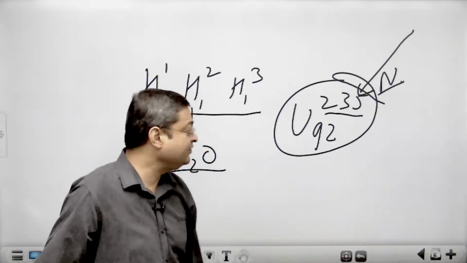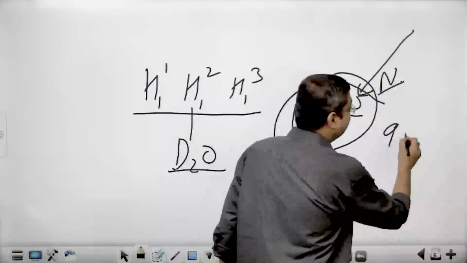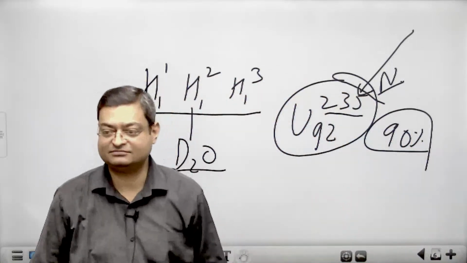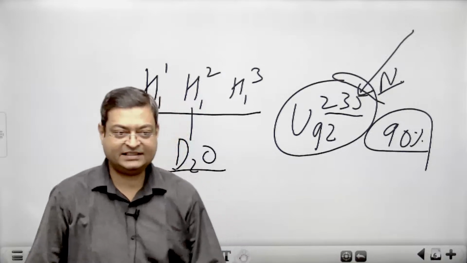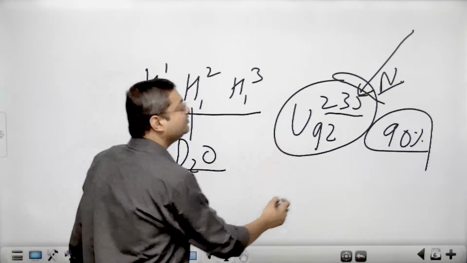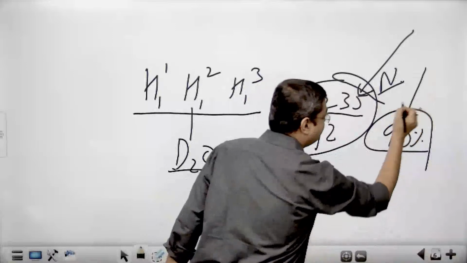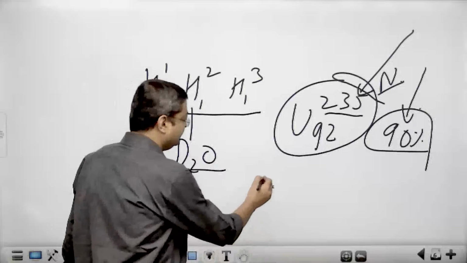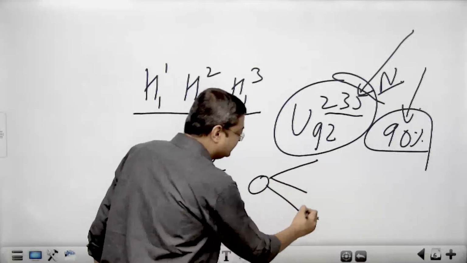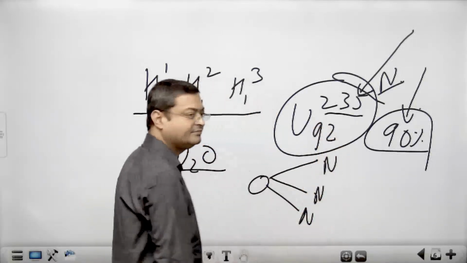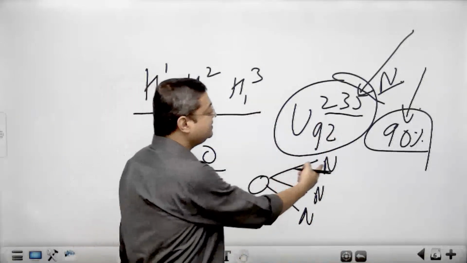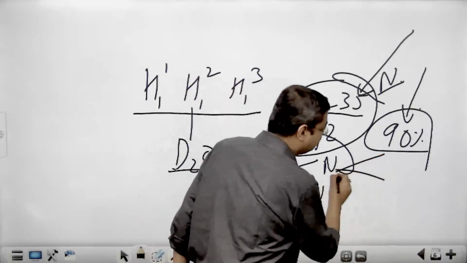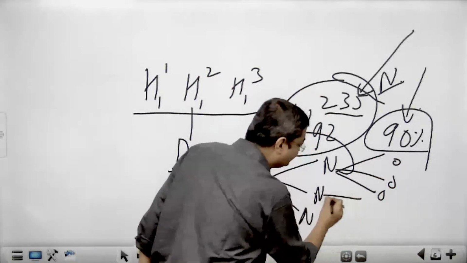And if you enrich this up to 90%, it will be used for atomic bombs. Okay? So with this enrichment, if I bombard a neutron here, the uranium is going to split and release 3 neutrons. Again, these 3 neutrons will bombard the uranium. It will release 9 neutrons.